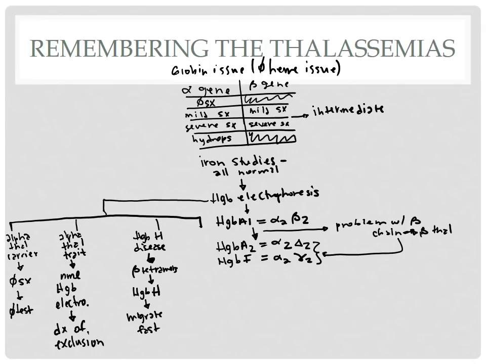Finally, you have alpha thal major, which is also the hemoglobin Barts, and that makes the Barts hemoglobin, which are gamma tetramers. And remember that this would result in hydrops fetalis. So that would also give your diagnosis.